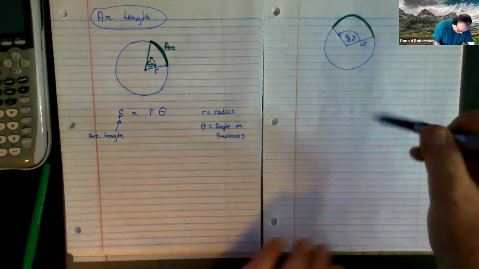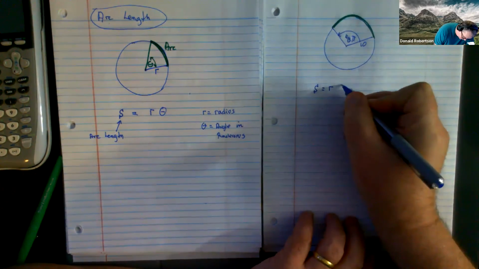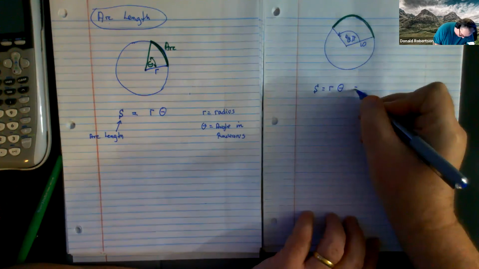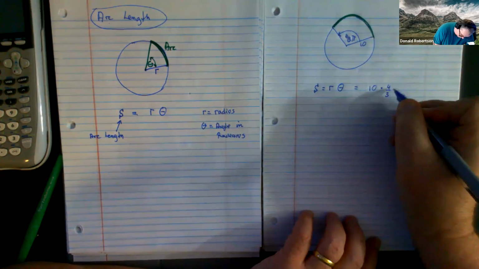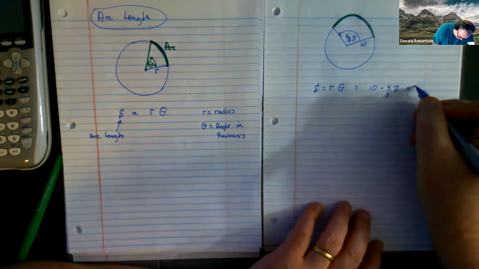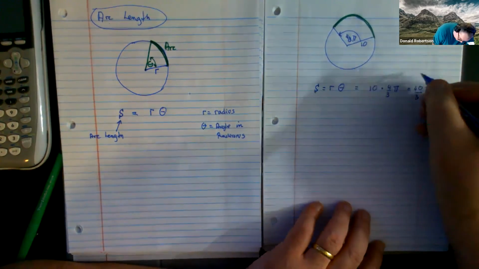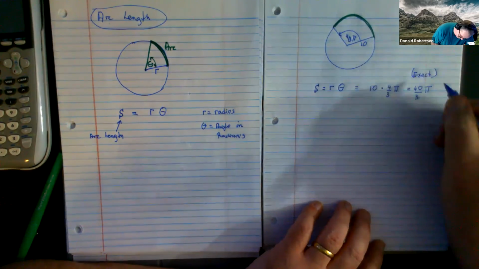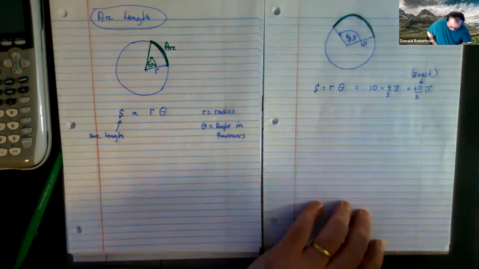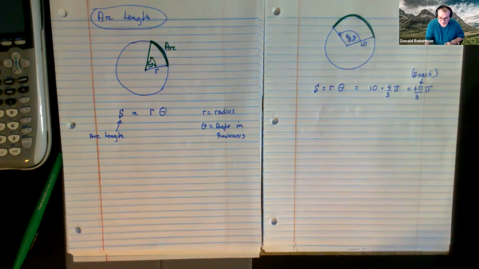Well, this would be one of the simplest situations because everything we need is here. It's 10 times 4/3 pi, and the answer is 40/3 pi. If they do not mention giving the answer to a number of decimal places, that means they want the exact value. So that's the one that you will use.